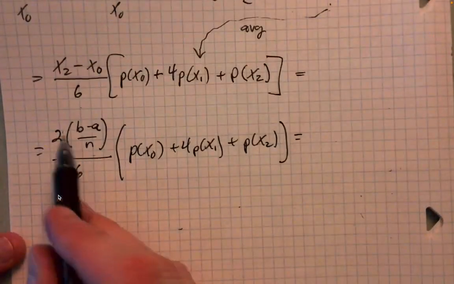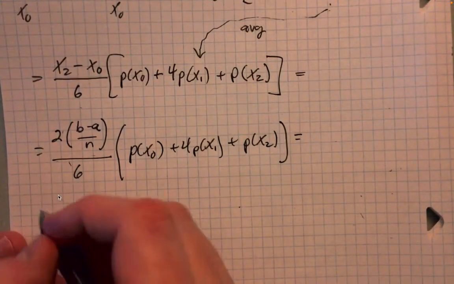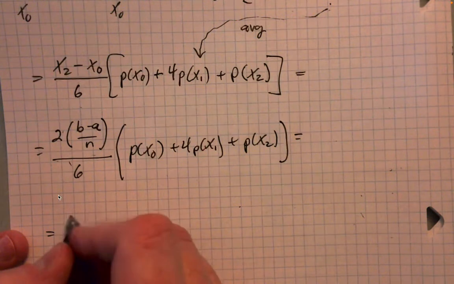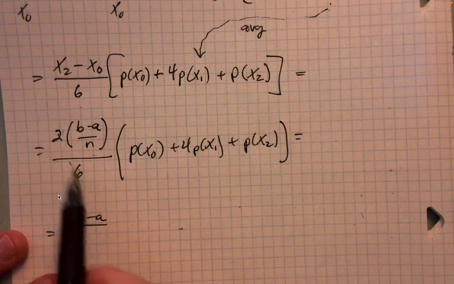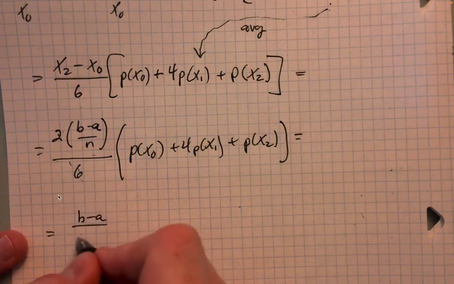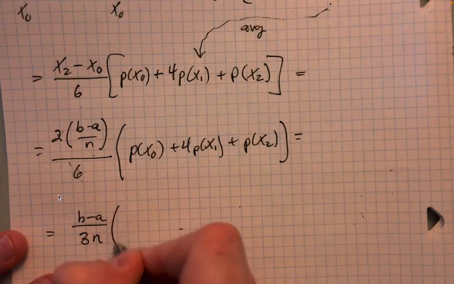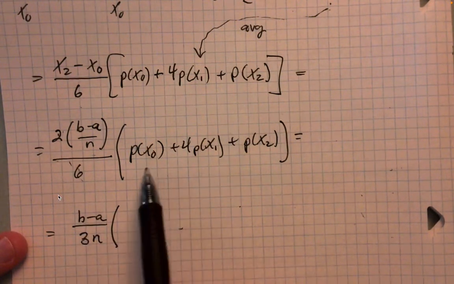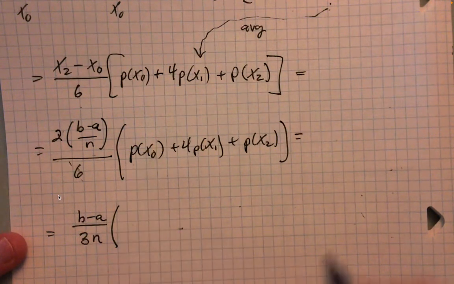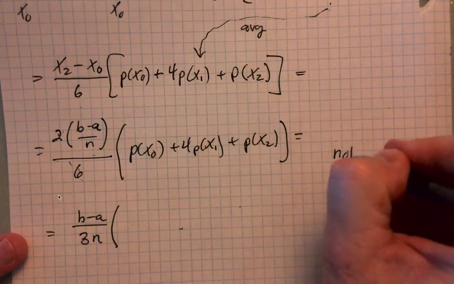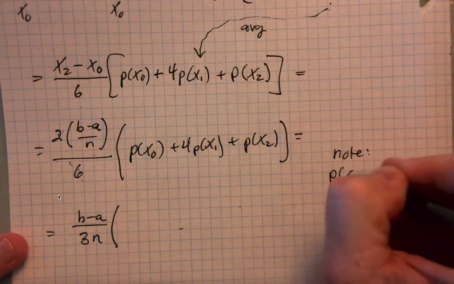And we can simplify up front here a bit and write this as b minus a, and the 2 and the 6 would cancel, and the n would be down there as well, so you'd have 3n.